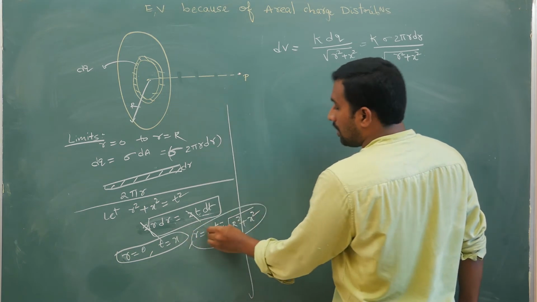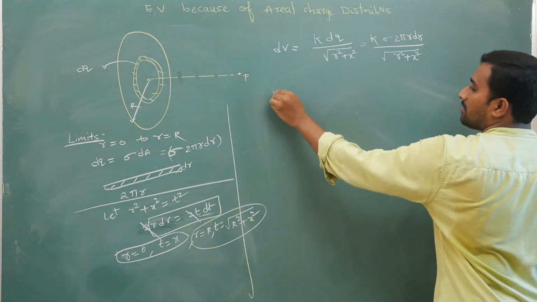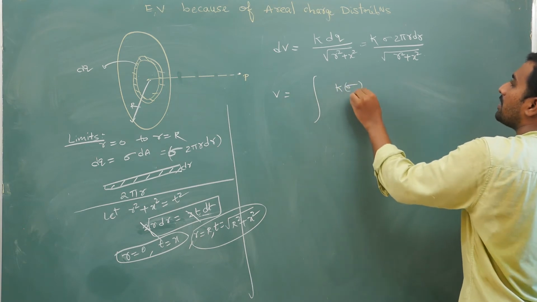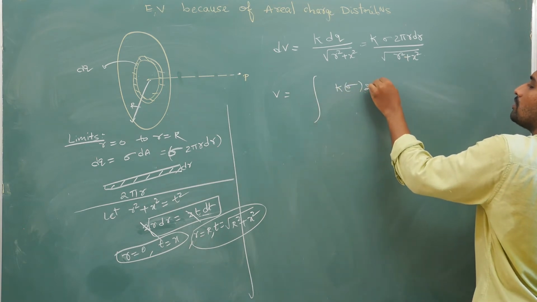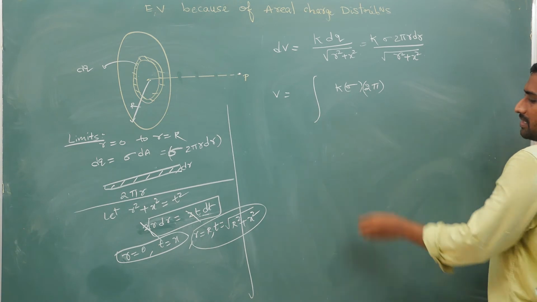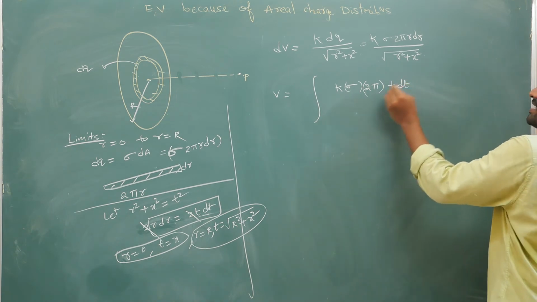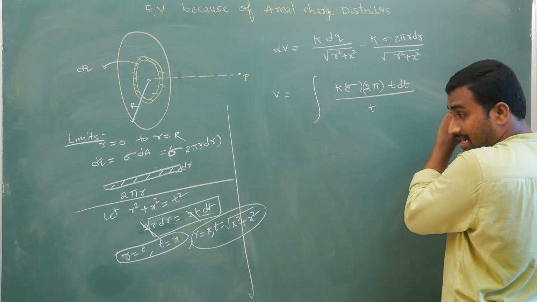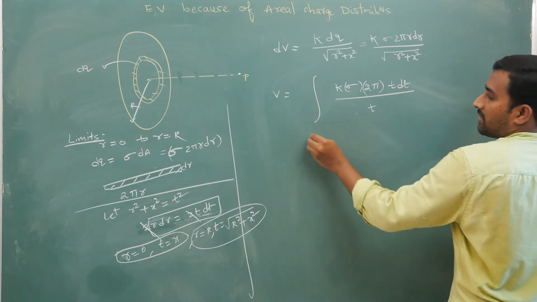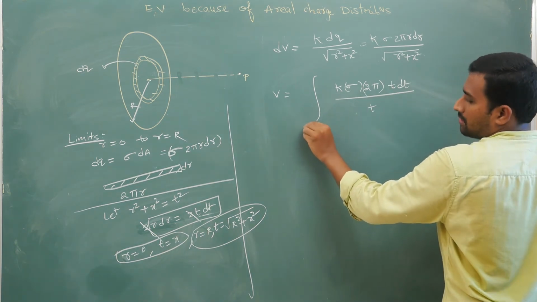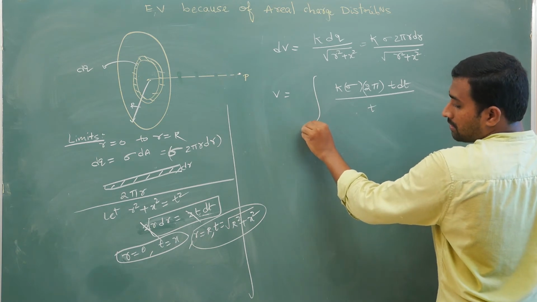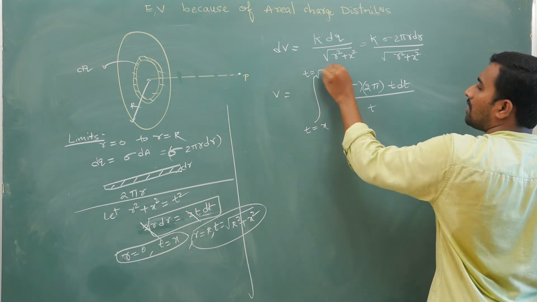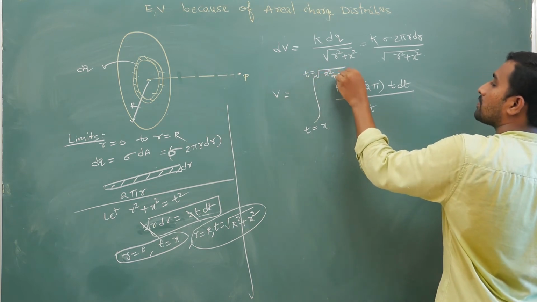Now we will interchange the limits to get the potential. Your potential is integral of k into sigma into 2 pi into r dr, which is t dt, by under root r square plus x square, which can be written as t. Our limits are from t equal to x to t equal to under root r square plus x square.